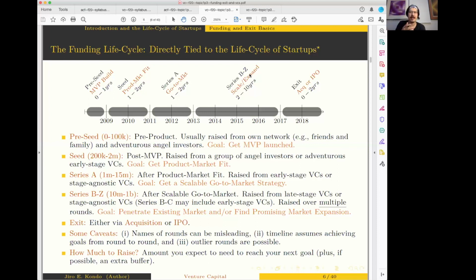And I do recommend students in this course to become familiar with some of the prominent US and Canadian VCs at least. In terms of the US, a prominent stage agnostic VC would be Andreessen Horowitz, right? A prominent early stage only VC would be Benchmark, for instance.